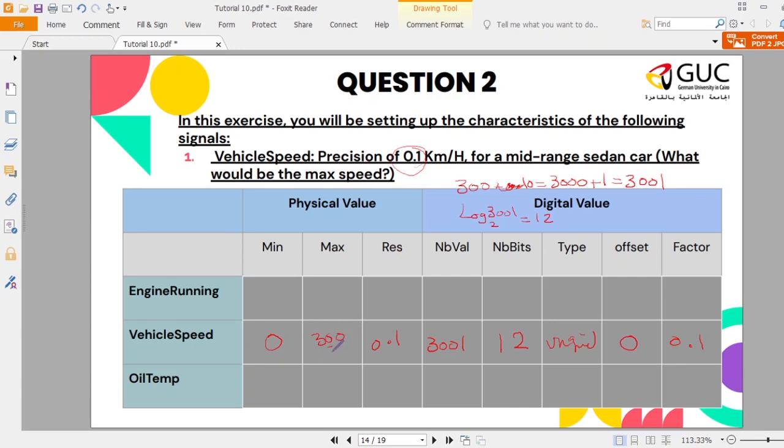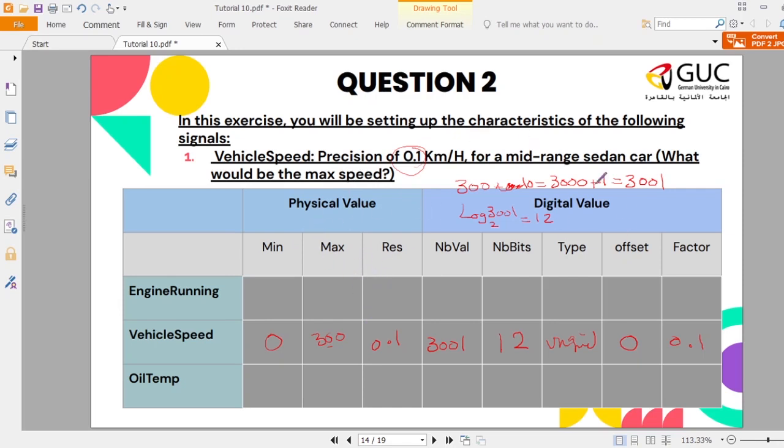You can make it whatever, you can make it 120, but the vehicle speed can actually have a maximum of 320 or more. So we will just compromise and say it's 300. And our resolution is 0.1 kilometer per hour. And these are the physical values of this signal.